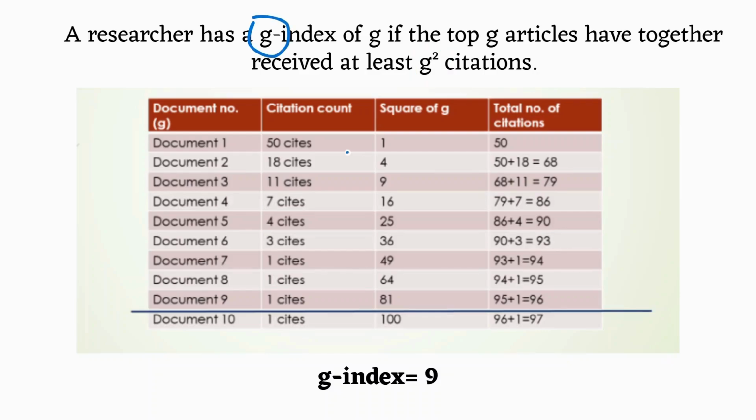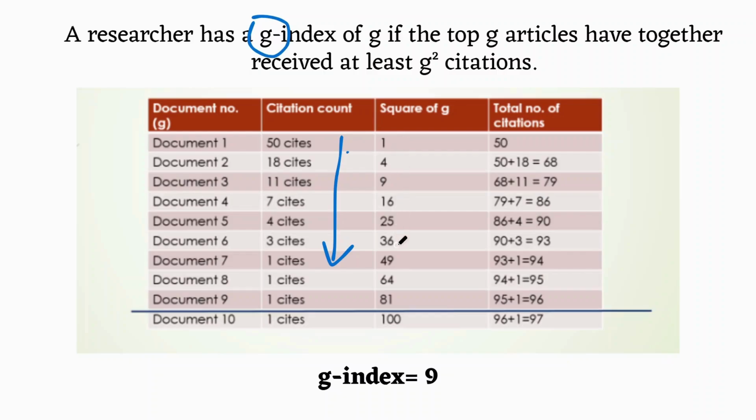To calculate G index, we have to first arrange the papers in the descending order of citations. First column will be document number, second column will be citation number in the descending order, and third column will be G square. So G square is just document number squared. So 1 square, 2 square is 4, then 3 square is 9, and so on.